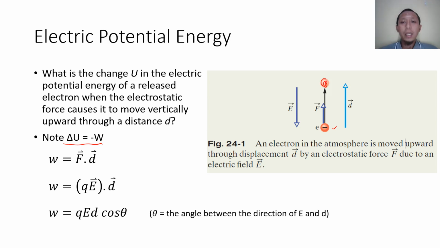This is the final point, and this is the initial point, so it's the F, and this is the I. The work W is F dot d, and then F is q E. So the W is q E d, and because it's a vector product, we must put the cosine of theta, where theta is the angle between the direction of E and d. So W is q E d cosine theta.